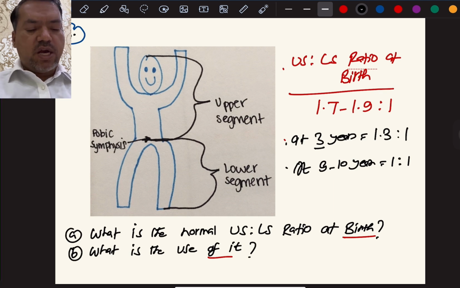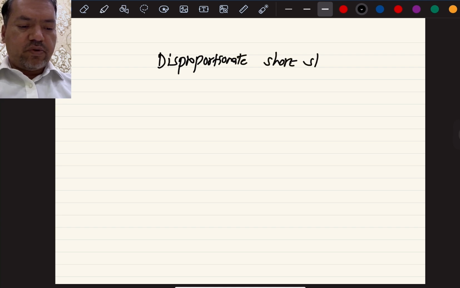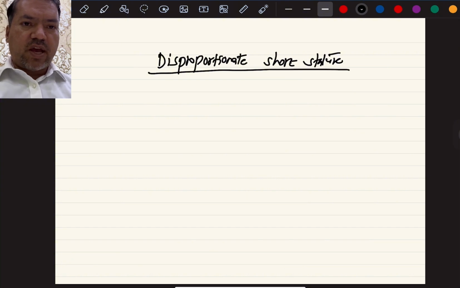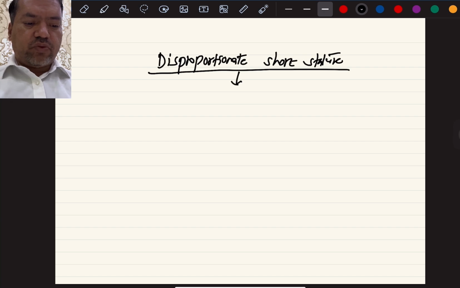Now disproportionate short stature can also be of two types. Okay, see here, disproportionate short stature. Let me repeat again. Disproportionate short stature का मतलब क्या है? Sometimes we use a bit of Hindi in between, so that some students can understand easily. But of course, I'll explain everything in English first.